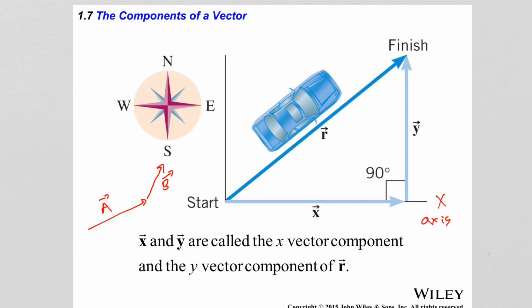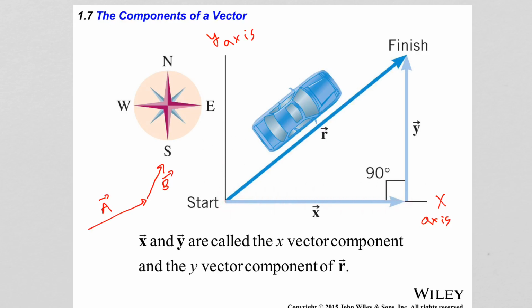And then we have a vertical axis, which we will call the y-axis. And so the y-axis also has a positive and a negative arm. Here again, we only have the positive arm. All right, so those two axes make a 90-degree angle between them.